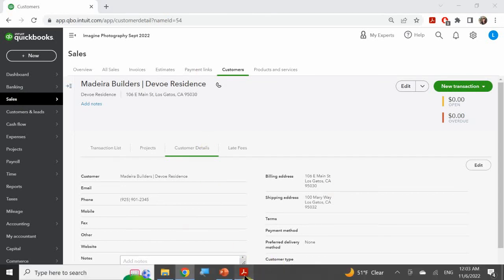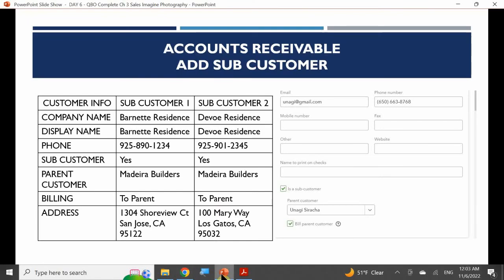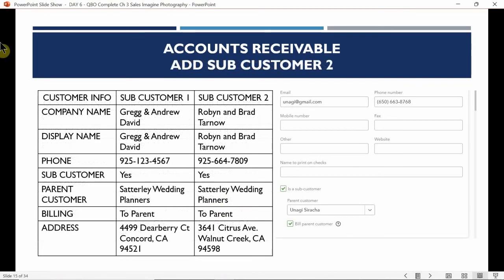Let's see what the next one is. We're going to add in Greg and Andrew David for the Satterley wedding planners. So again, you're going to have Greg and Andrew David as a sub customer for the Satterley wedding planners.